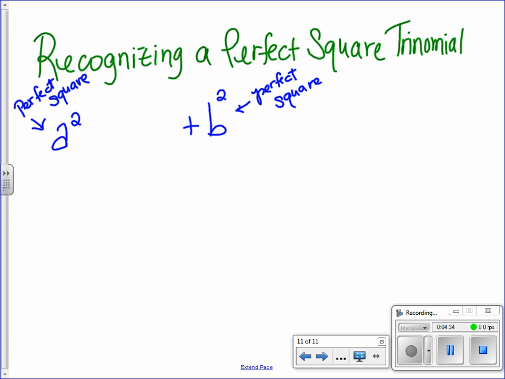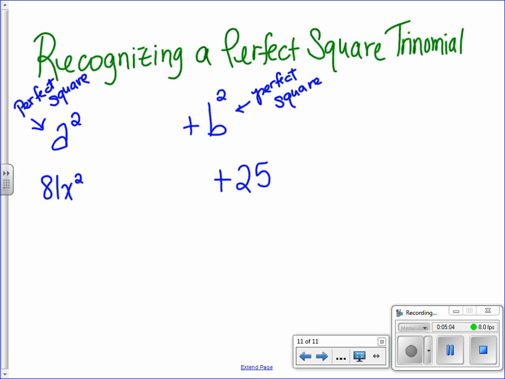Alright, give me a perfect square. 81. So this is going to be 81x squared. What's another perfect square? 25. Okay, so perfect square, perfect square.